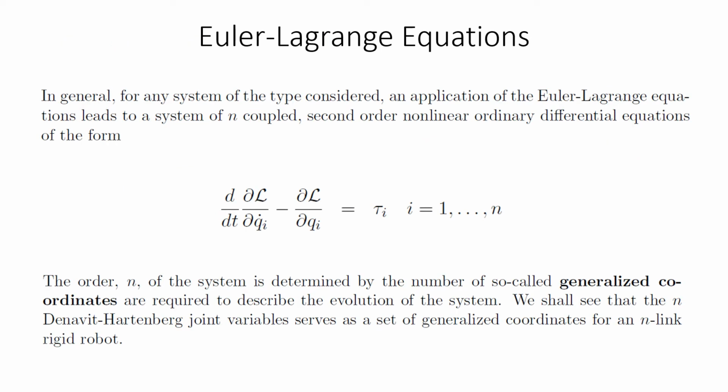Now we can see that if we exhaust this expression, this is going to give you the Euler-Lagrange equations for your systems. And since you're going to have n generalized coordinates, so you're going to find out n coupled second order nonlinear differential equations, which will define the dynamics of the system. Now, in case of robotic manipulators, you have to make a little observation over here for the generalized coordinates.